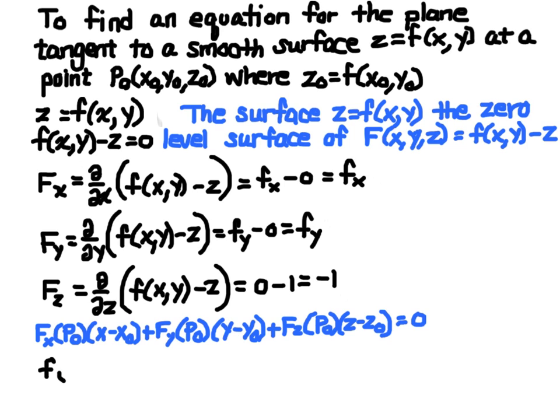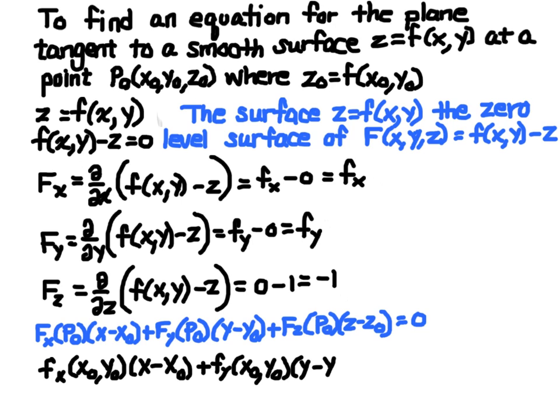The partial derivative with respect to x of f at x0, y0 times x minus x0 plus the partial derivative of f with respect to y at x0, y0 times y minus y0 minus z minus z0, which is equal to 0. So let's summarize this on our next slide.